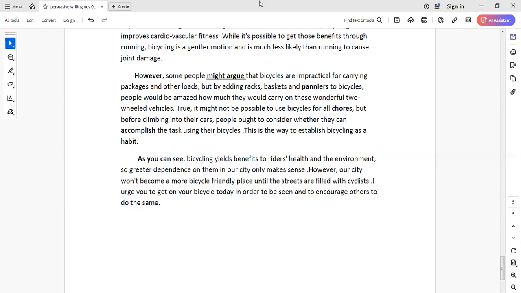I think that in this way we could introduce what persuasive writing is, and I gave an example. I hope that reading this again and again will help you to understand that type of writing.